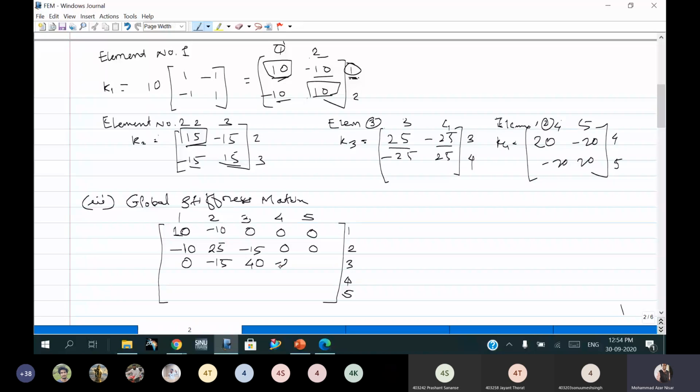5 and 3, no, 0. Then 1 and 4, do we have it? No. 2 and 4? No. 3 and 4 we have it, minus 25. For 4 and 4 we have 2 values, this 25 and this 20, so 45. Next, 5 and 4, do we have it or not?